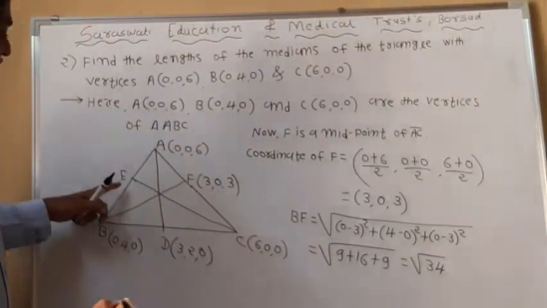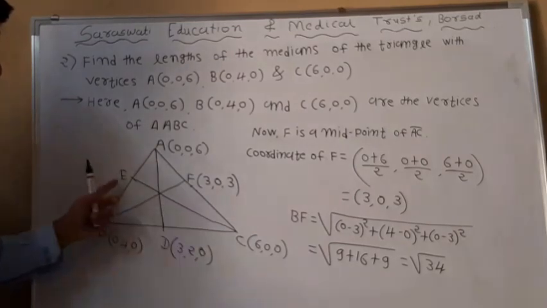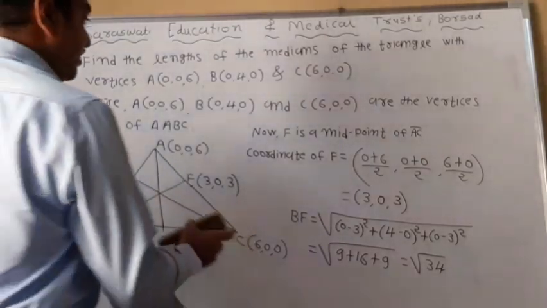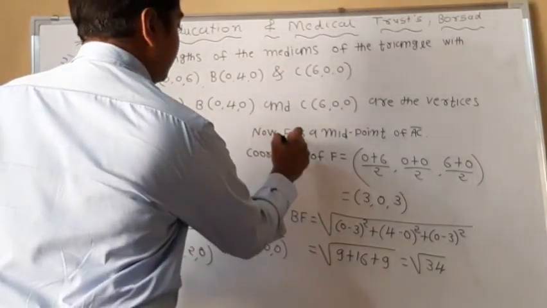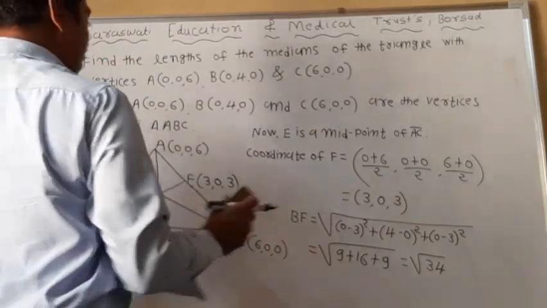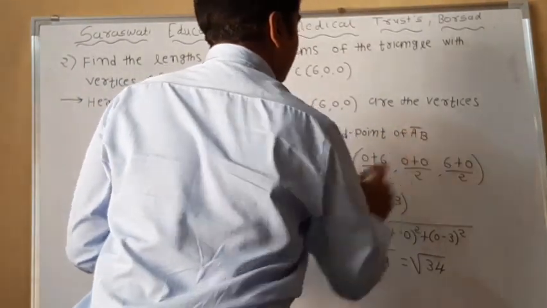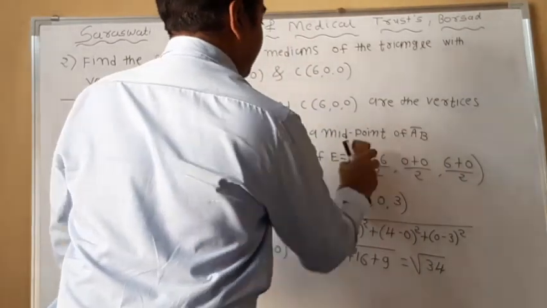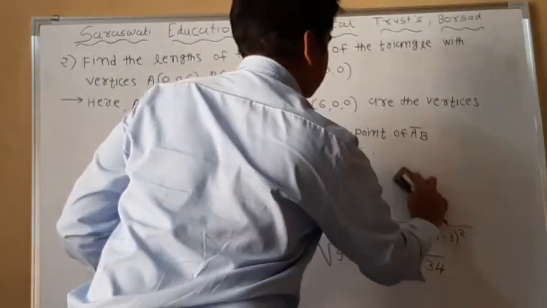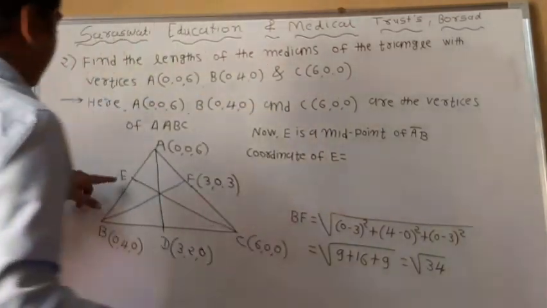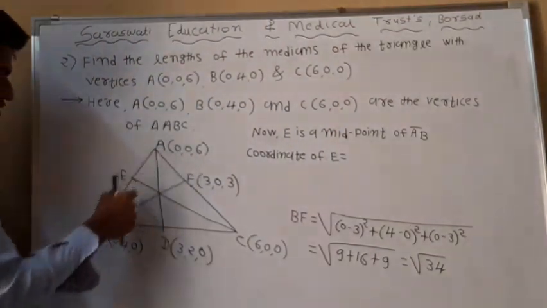And with a similar method, find out the CE. So again here written E is the midpoint of AB. So the coordinate of E is equal to, right, here E is the midpoint of AB.